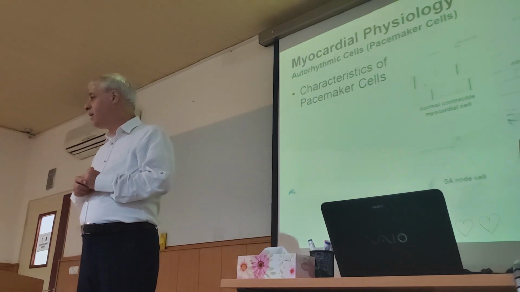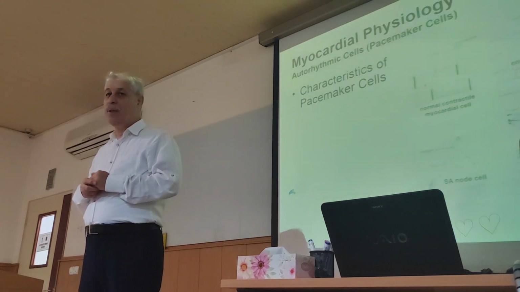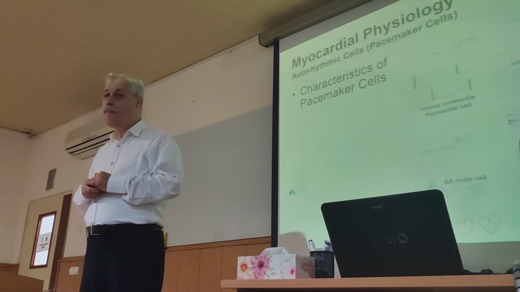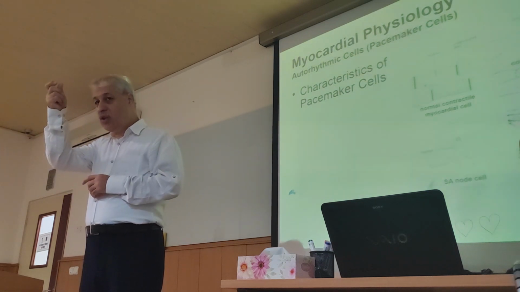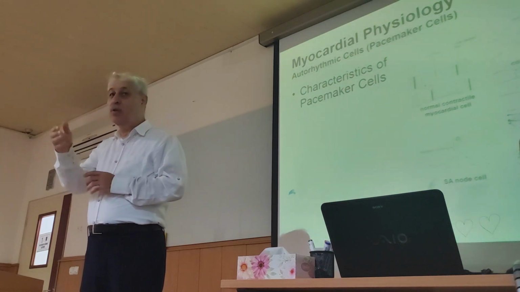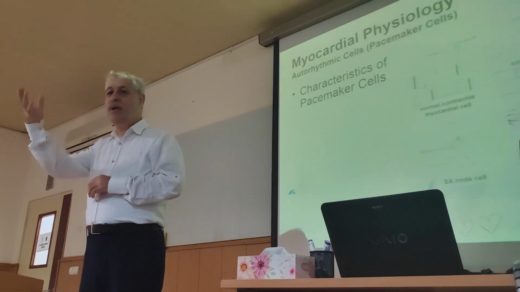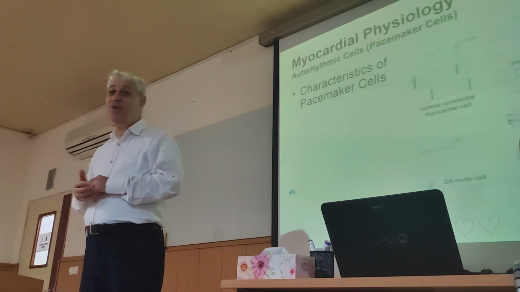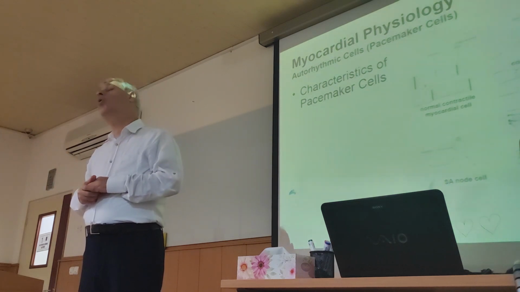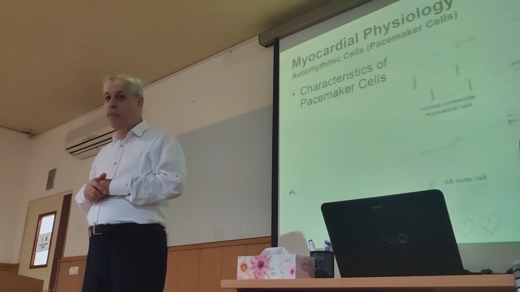These are called syncytia. They cannot pass through fibrous tissue. A special conducting system called the His bundle can convey the electrical currents across the fibrous tissue, from the atrium to the ventricle.